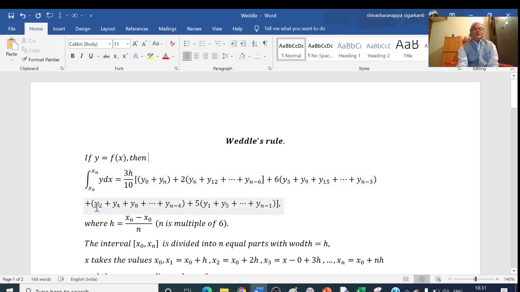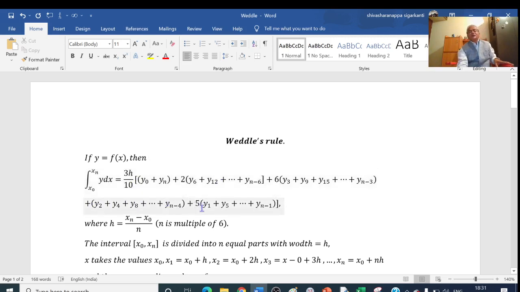And if the suffixes are even, 2, 4, 8, except those divisible by 6, that is, except 6, 12, 18 and so on, then its coefficient is 1 into 3h by 10.